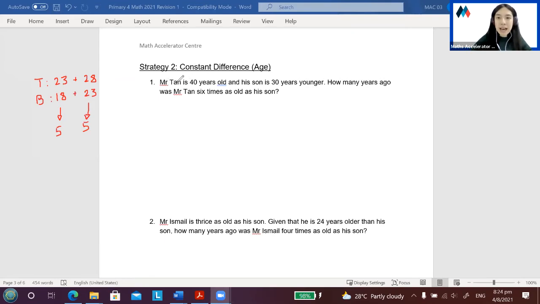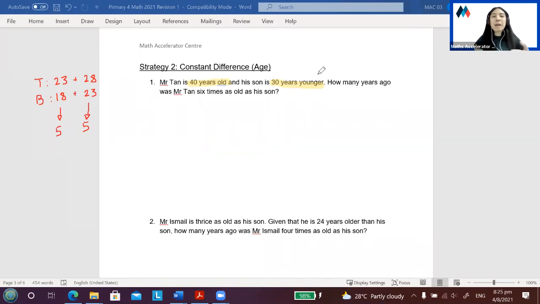For this question, Mr. Tan is 40 years old and his son is 30 years younger. So if his son is 30 years younger, can anyone tell me what the age difference is? Yes, very good, Jai. That's the correct answer. A lot of you are putting 10, but that is not the correct answer. Why? Because Mr. Tan is 40 years old and his son is not 30 years old. His son is 30 years younger.